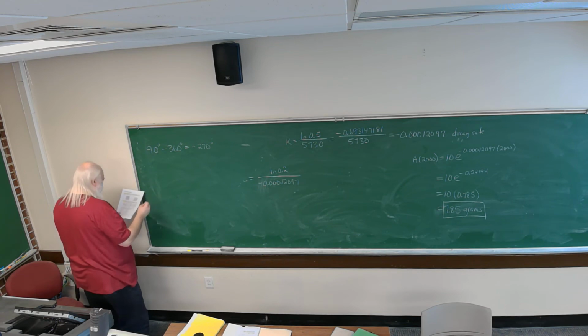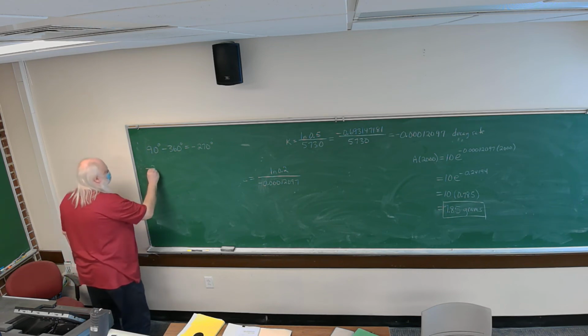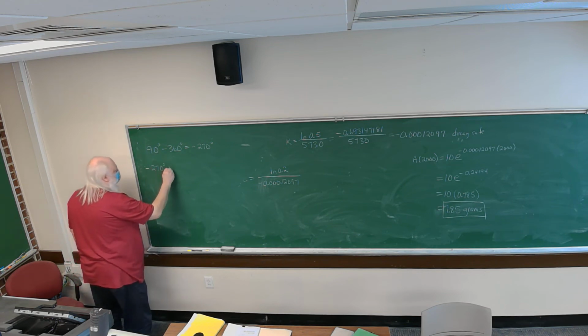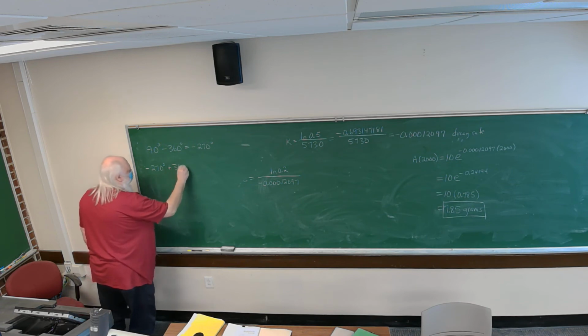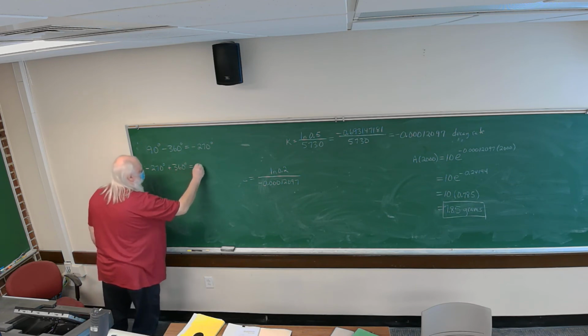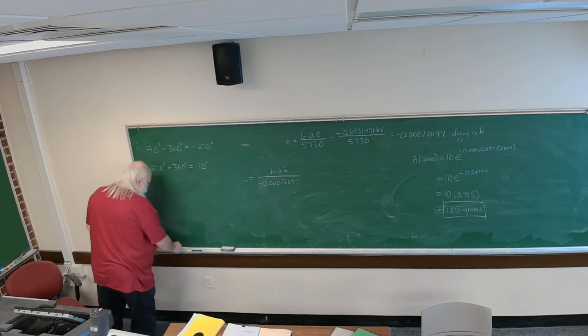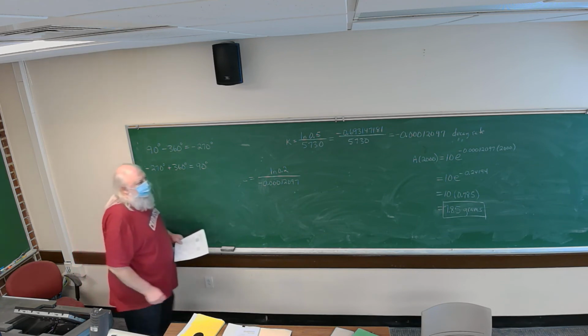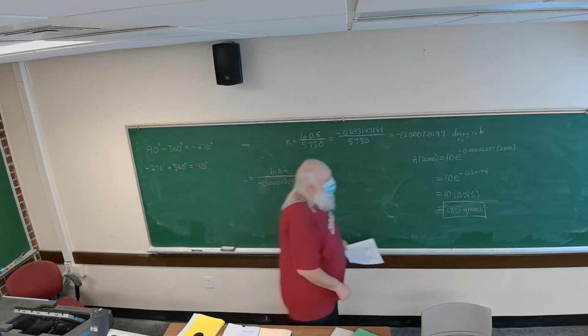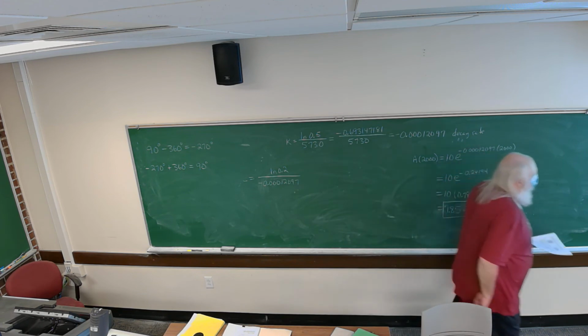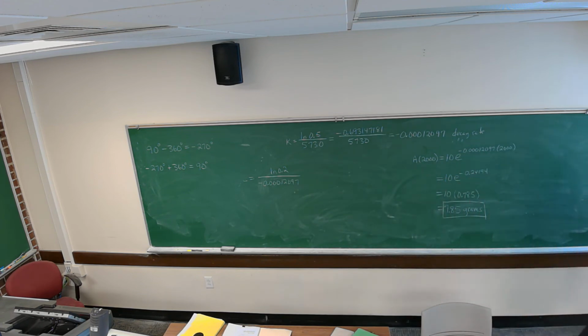Similarly, if you take the angle minus 270 degrees and add 360 degrees to it, you get the angle 90 degrees. So that's what it means: any two coterminal angles have degree measures that differ by an integer multiple of 360 degrees.